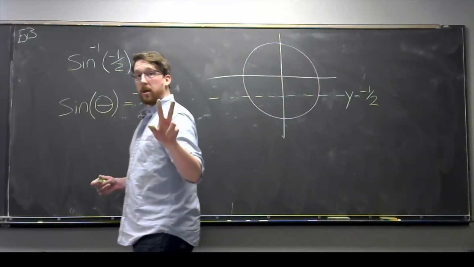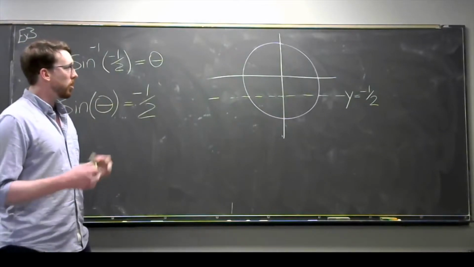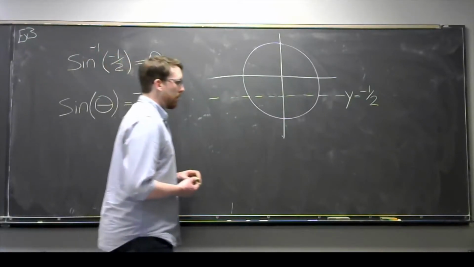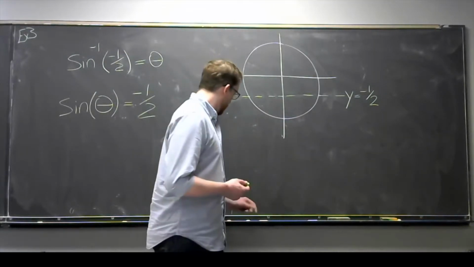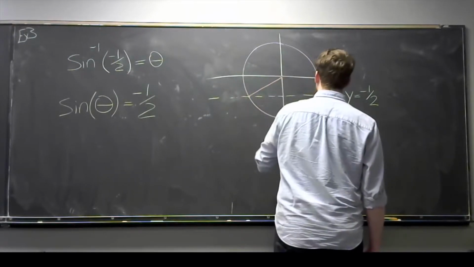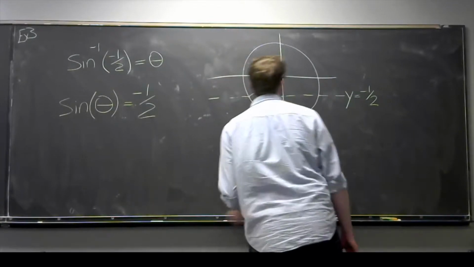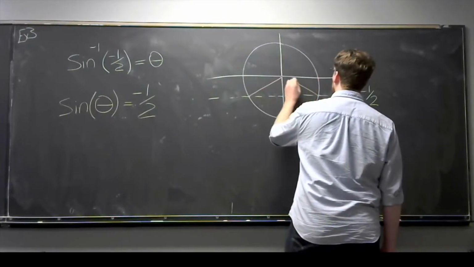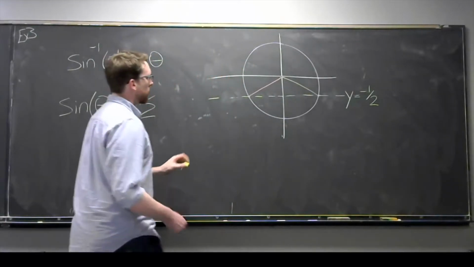So there are only two possible angles on our unit circle that give us a sine of negative 1/2. Those and those, right? These two.